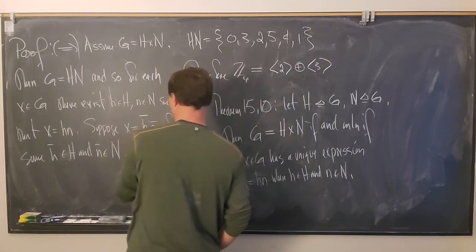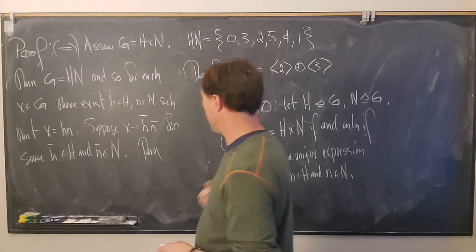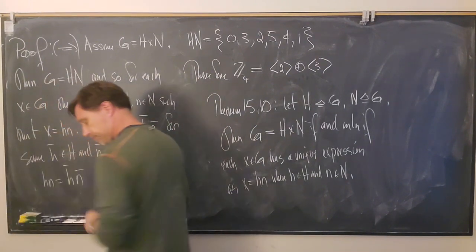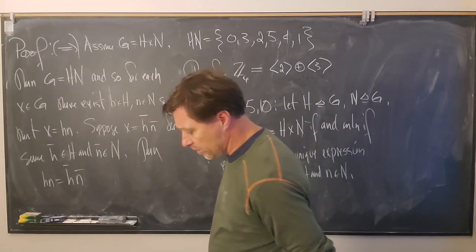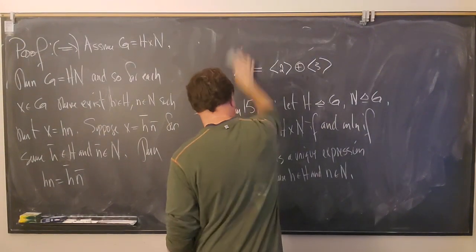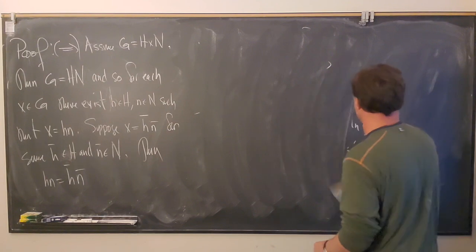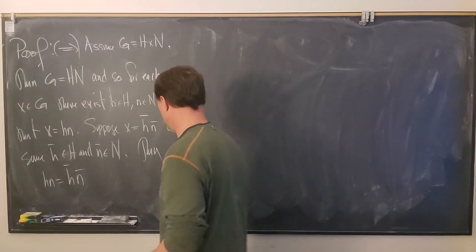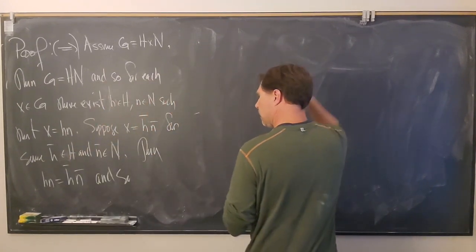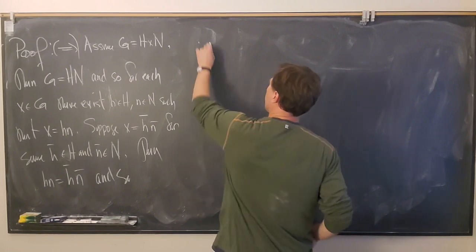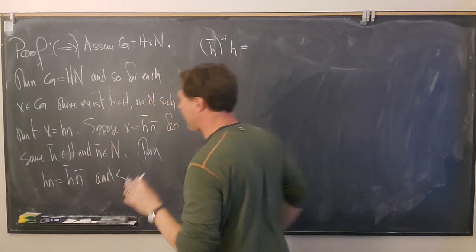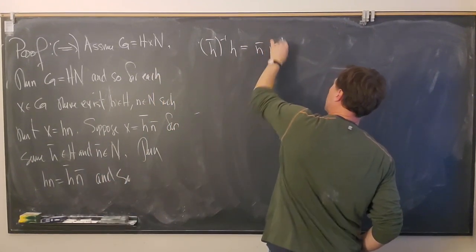Well, it means that hn is equal to h bar n bar. And so if we invert things, let's see, I'm going to hit on the left-hand side by h bar inverse. So we'll have h bar inverse h equals, I'm going to hit on the right-hand side by n inverse, so we'll have n bar n inverse.